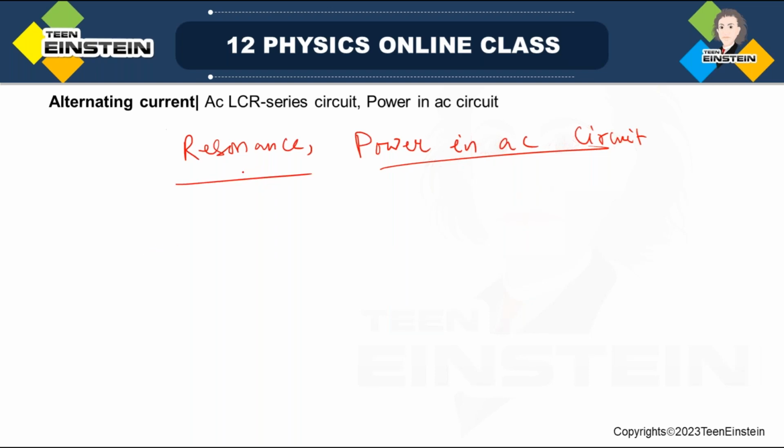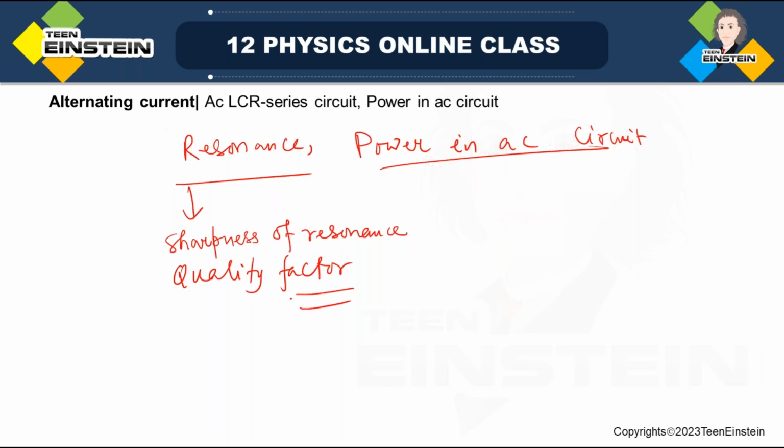And when we discuss resonance, we will be discussing sharpness of resonance and quality factor. These are important terms in resonance. All these things we will be discussing in the next class.